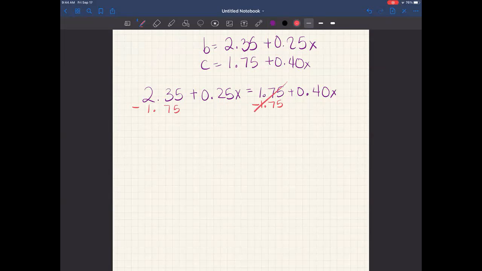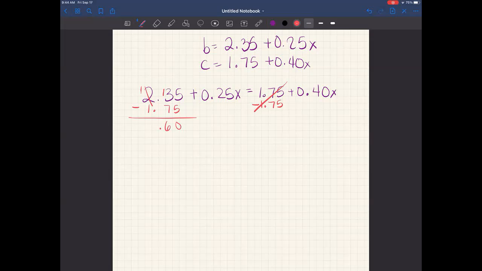So that's going to cancel out. Now, 2.35 minus 1.75, we're going to do it the old-fashioned way, no calculator. So 5 minus 5 is 0. I have to borrow from my 2. 13 minus 7 is? You guys still have to participate a little bit here. 6. Thank you, Gray.